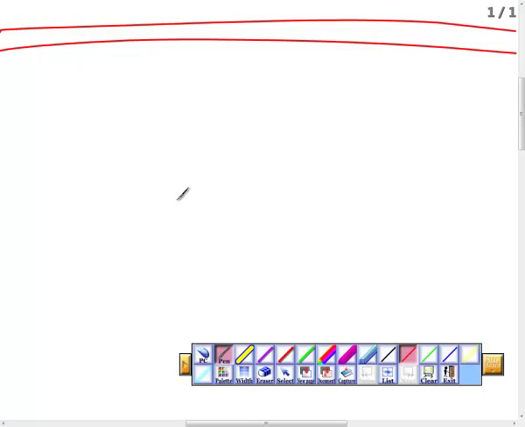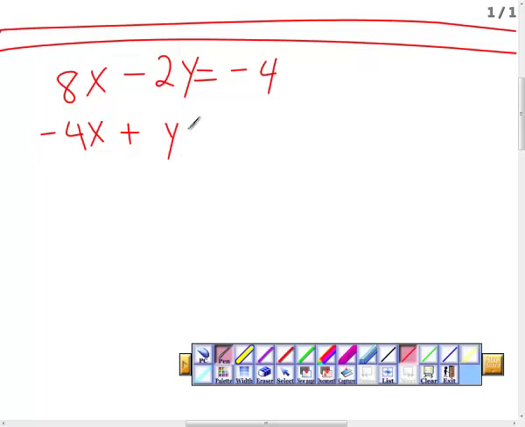All right, and so here we have 8x minus 2y equals negative 4 and negative 4x plus y equals 2. Now if they don't specify which method to use, you can use either one.